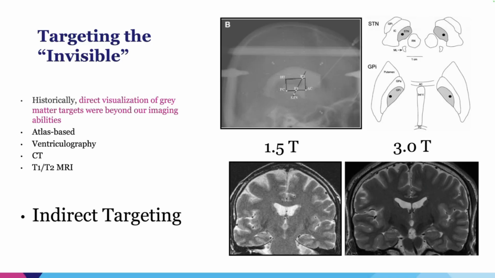So what we did was atlas-based targeting with sometimes ventriculography and then later CT scan. And even as T1 and T2 imaging entered the fray, we really still couldn't see these images well. And so we were firmly in the era of indirect targeting.